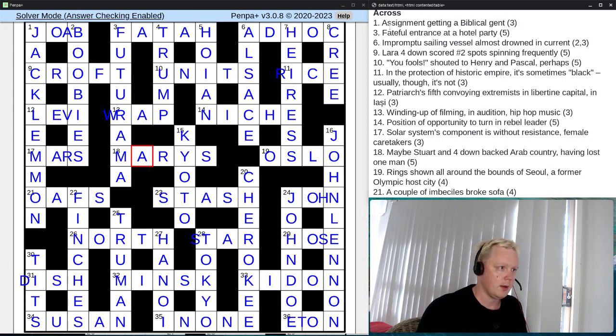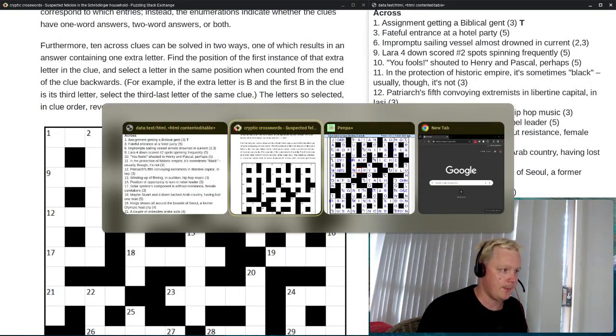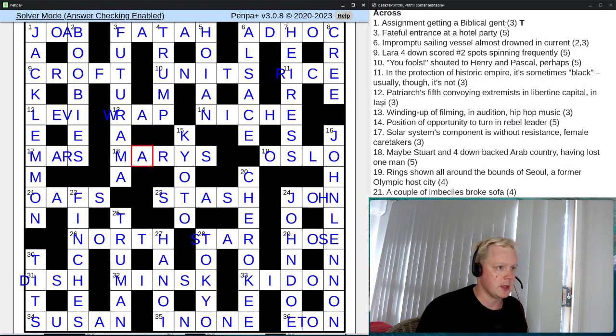Maybe I'll just write them like this. Okay, so that gives us a T, so this T here. And the letters so selected in clue order reveal what the police discovered in the box in Dr. Schrödinger's house. So that's the final answer, what they discovered in the box. So Joab gave us this T here.